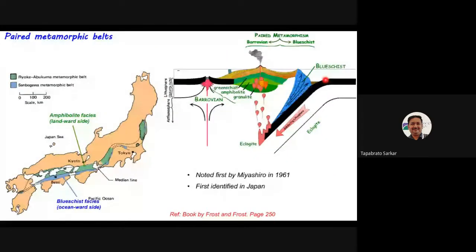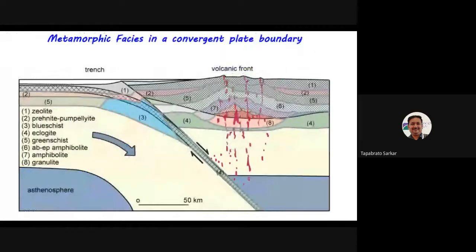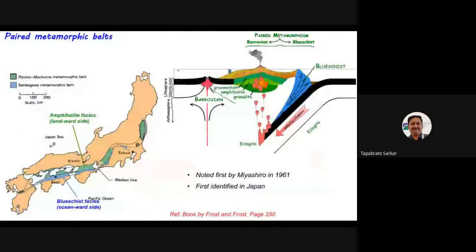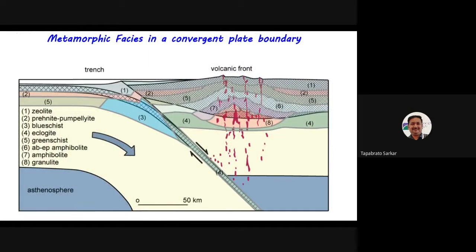So this is basically your subducting oceanic slab, which consists of basalt, the basaltic oceanic crust, and this is your island arc on the overriding plate. So if you go to the next slide, you remember we did this diagram.